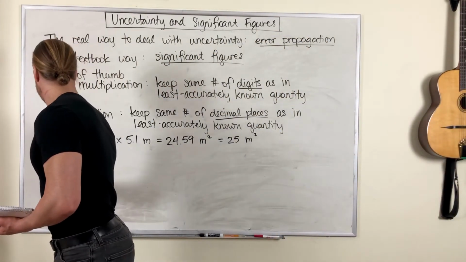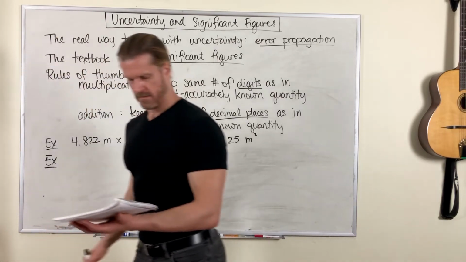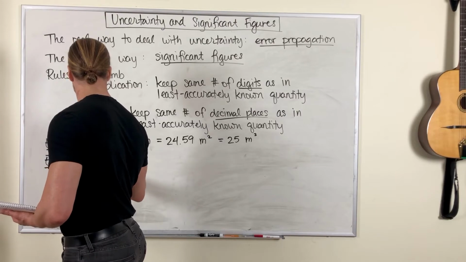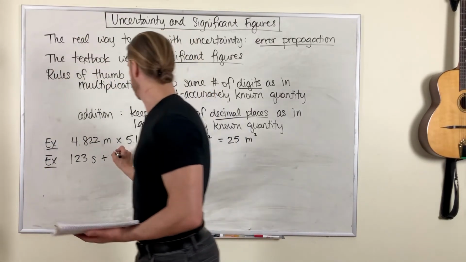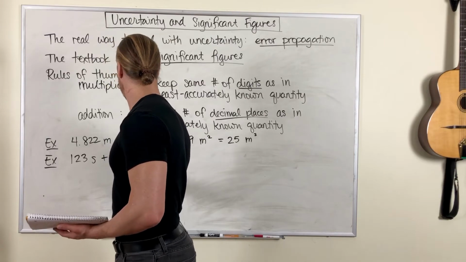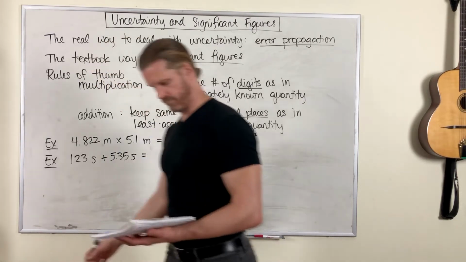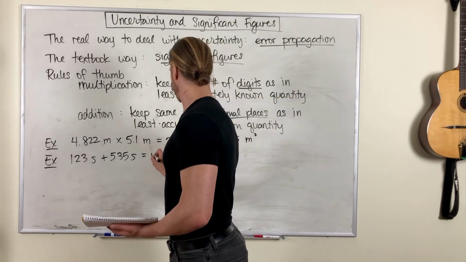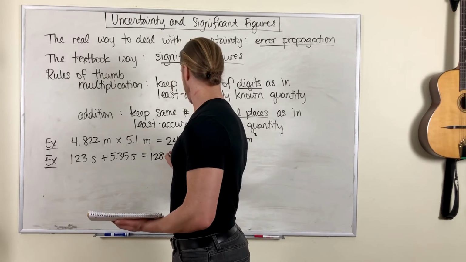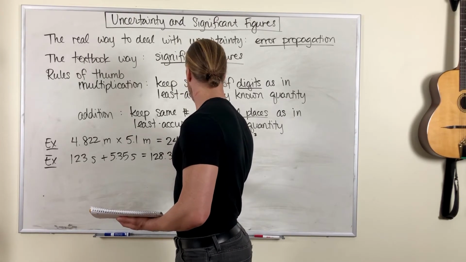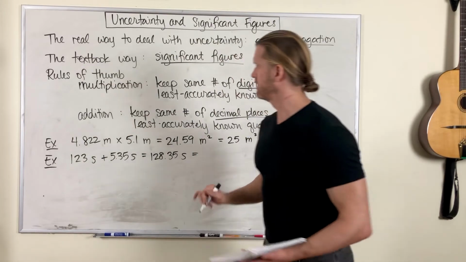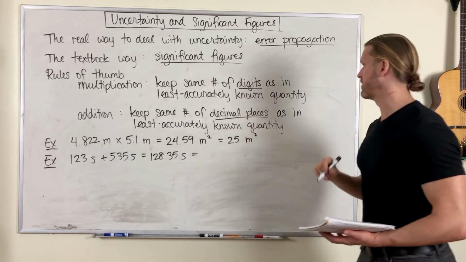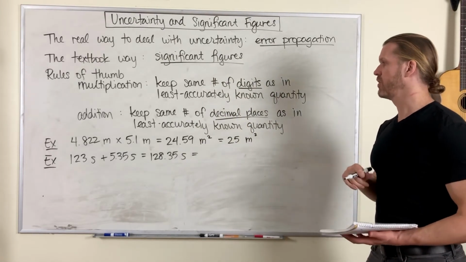Let's do an example with addition. Let's say we have 123 seconds plus 5.35 seconds. Your calculator will tell you 128.35 seconds, but we need to use this rule for addition, where we keep the same number of decimal places as in the least accurately known quantity.